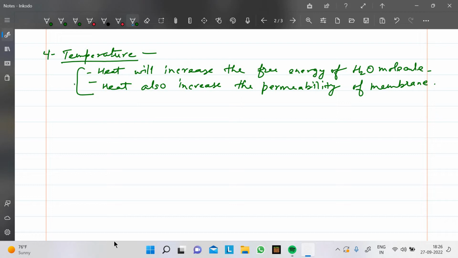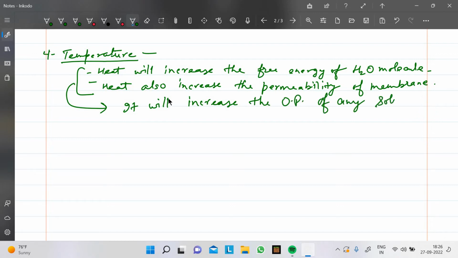Then both of these conditions together will increase the osmotic pressure of any solution. Because the free energy of water has increased, movement will be greater, and the membrane's permeability will increase, so more water will enter the solution through the membrane, so osmotic pressure will increase. Now here are the four factors which affect the osmotic pressure of any solution.